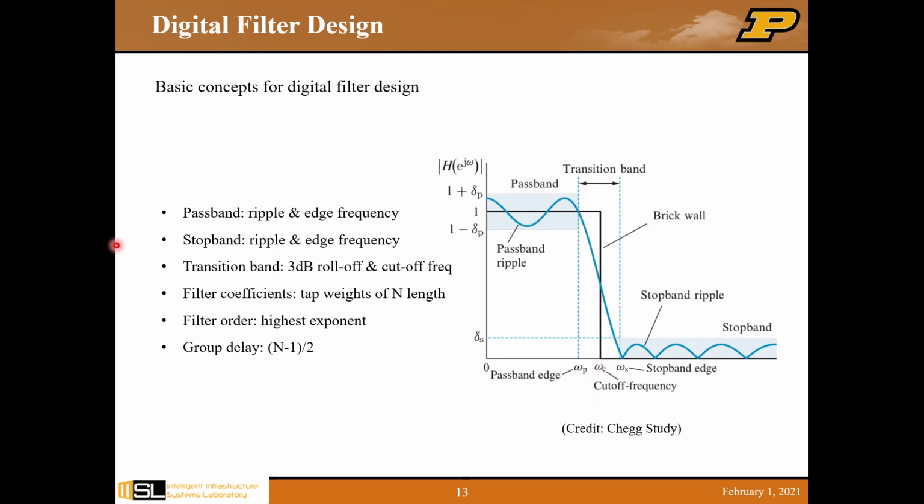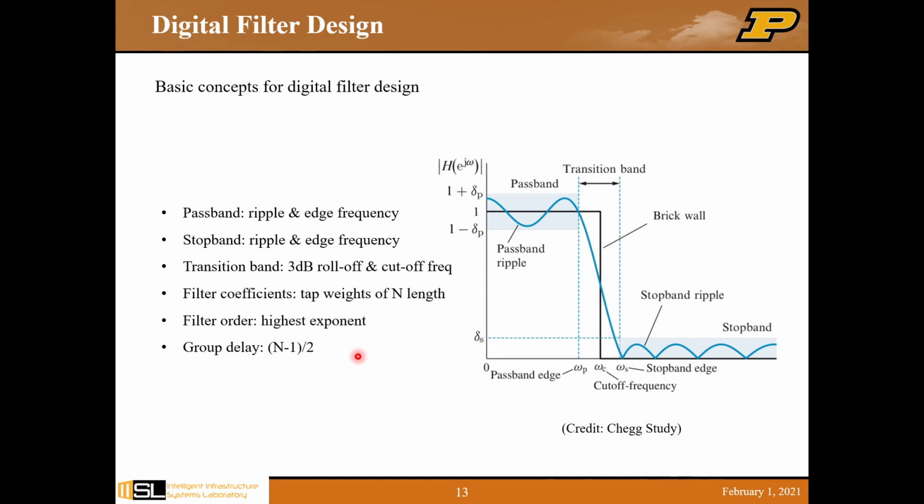We also need to pay attention to the filter coefficients. In the convolutional representation, a filter can be represented as a series of coefficients, and the number of coefficients represents the length of the filter.